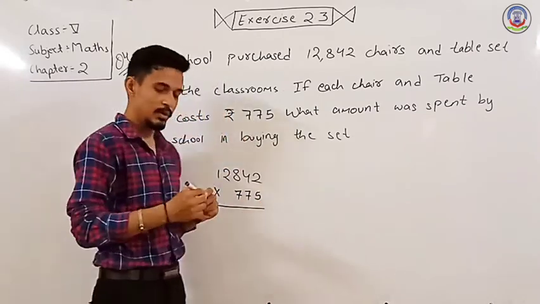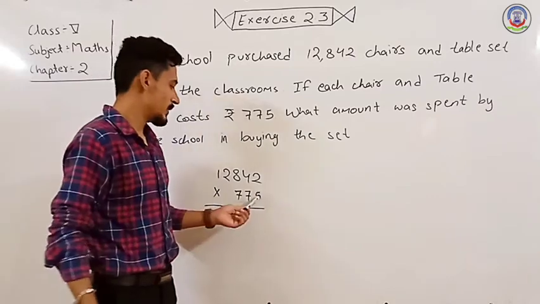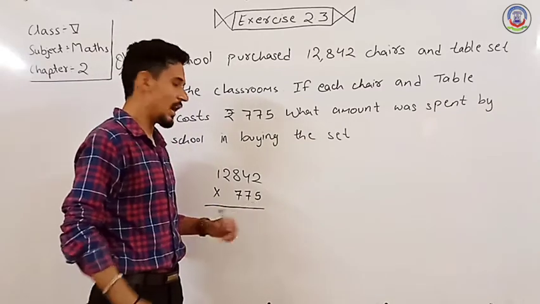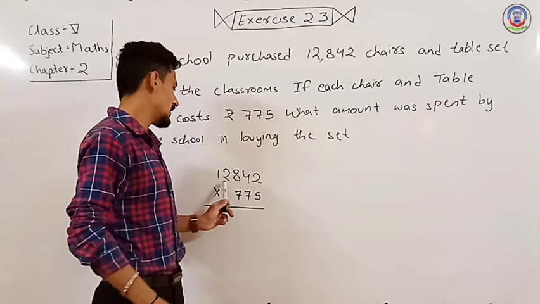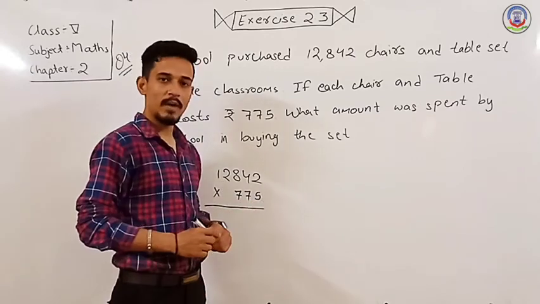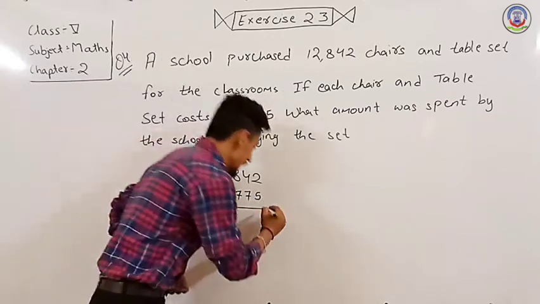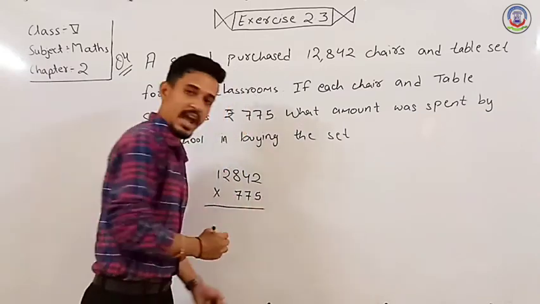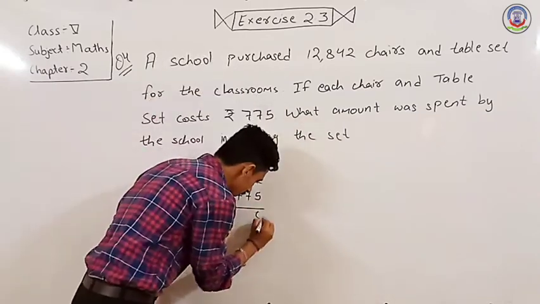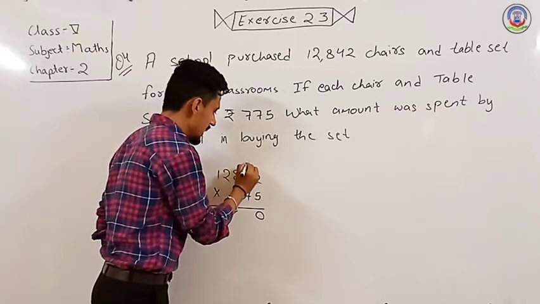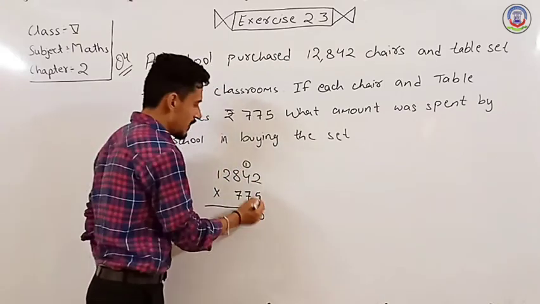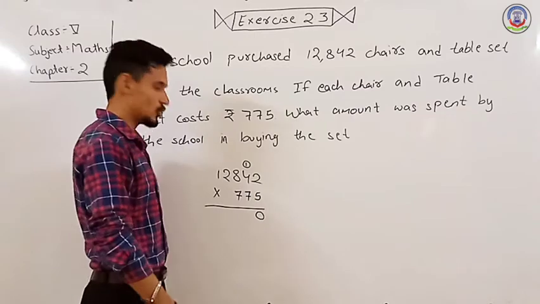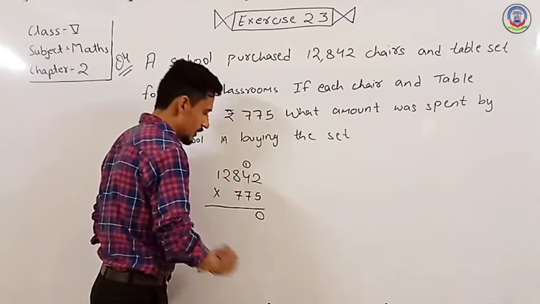As we know in multiplication we always start from rightmost. In rightmost we have 5, so we multiply 12,842 by 5. So first 5 multiply 2, it is 10. So we write 0 here and 1 goes to carry. Next we have 5 multiply 4, it is 20, and when we add 1 to it, it is 21.